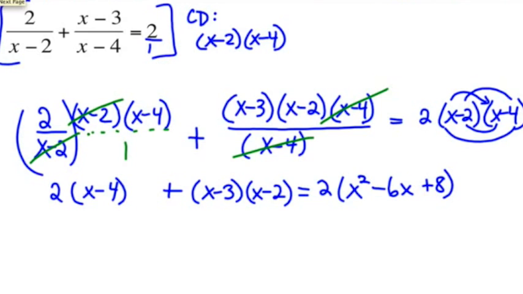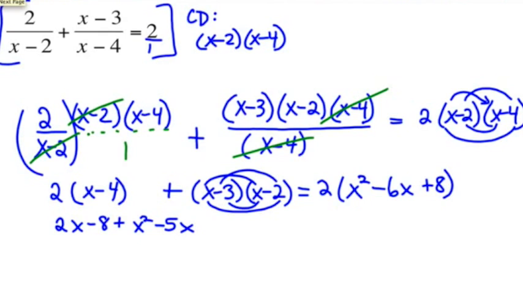Alright, so expanding further, I get 2x minus 8 plus, let's see, x squared minus 2x minus 3x is minus 5x plus 6 equals 2x squared minus 12x plus 16.